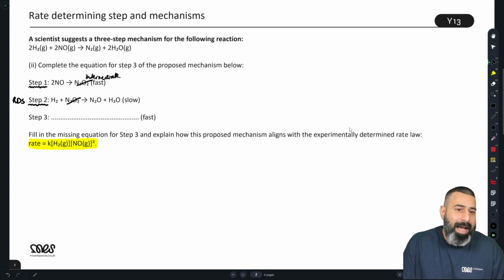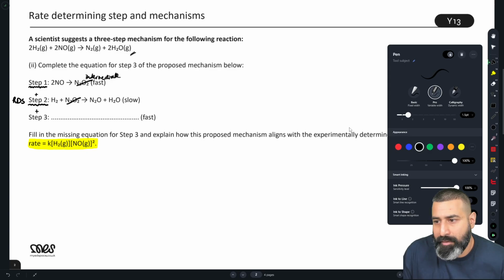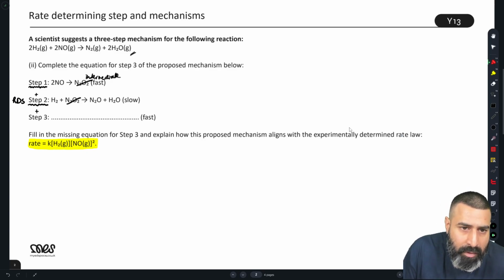If I add up all of the steps, step 1, 2, and 3, they should give me the overall equation. So I can cancel out the intermediates here. If step 2 is the RDS, what I'm going to do is just check: do I have 2 equivalents of nitrogen monoxide?